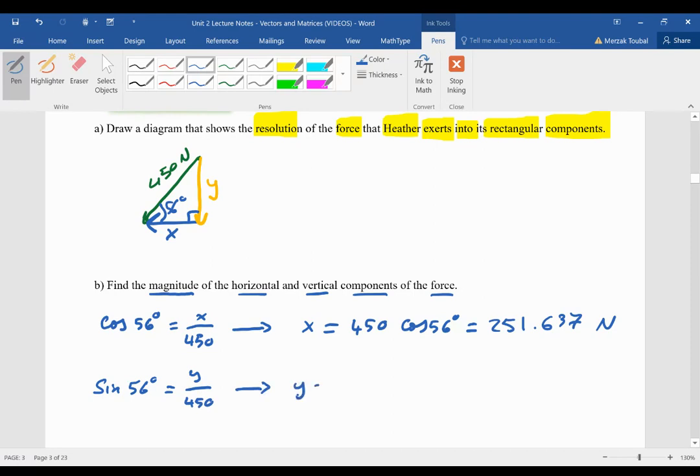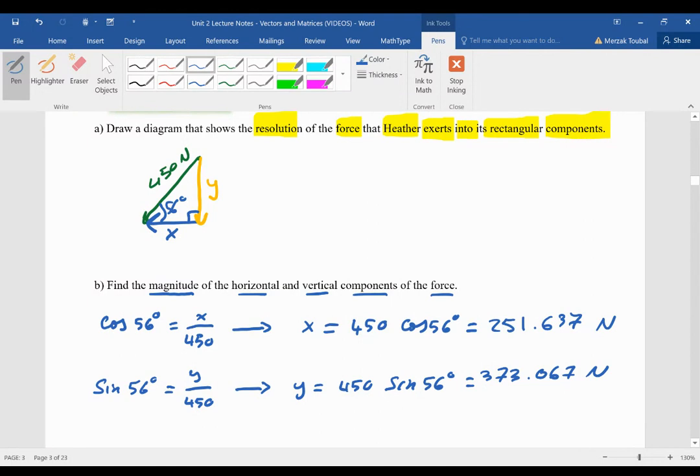That means y equals 450 times sine 56 degrees. Do the same thing: 450 times sine 56, the answer is 373.067 newtons.